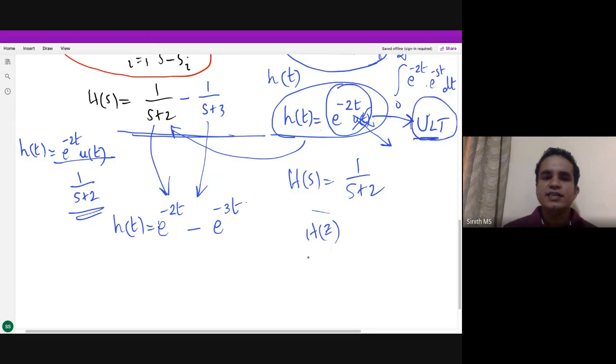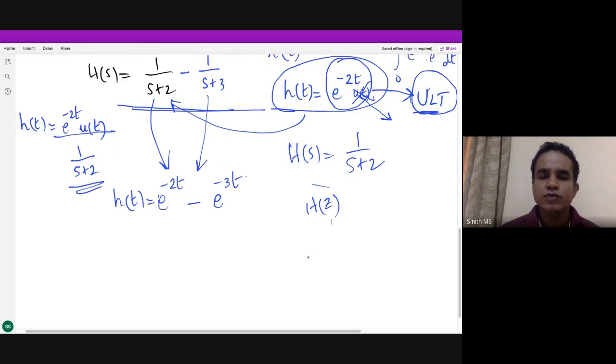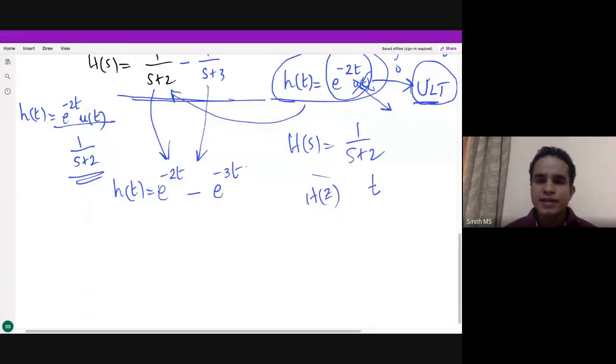So once you get h(t), you can find H(z), right? How will you find H(z)? You need to sample it. Suppose you do sampling at t equal to nT. You have a signal, an analog signal represented as h(t) here.